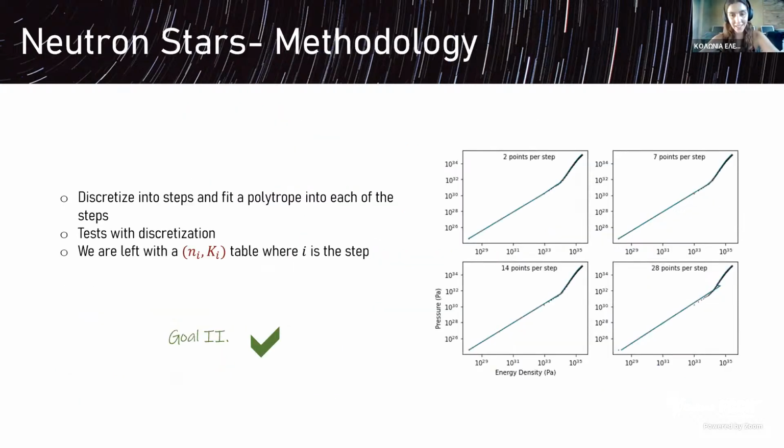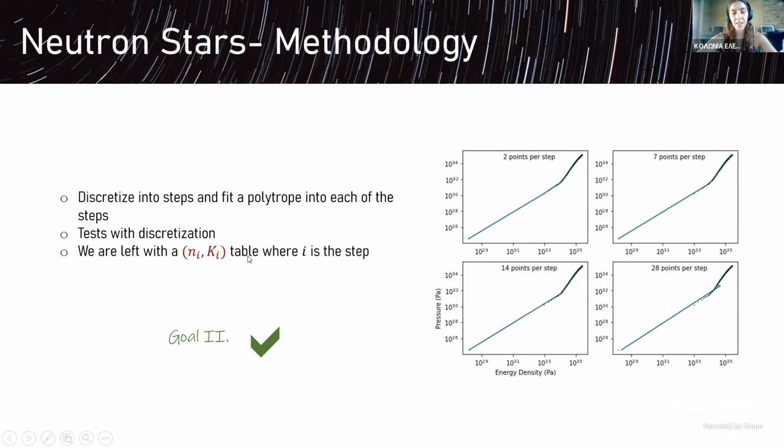So what we did is we took a numerical equation of state, so a table of pressures and energy densities, these points that I showed you earlier, and we tried to discretize it into steps and fit a polytrope into each of the steps. And now that we did that, we were left with a table of polytropic indices, these N_i, and polytropic coefficients for every step.